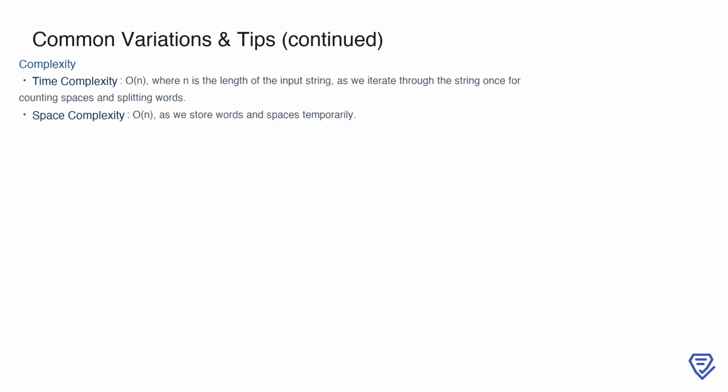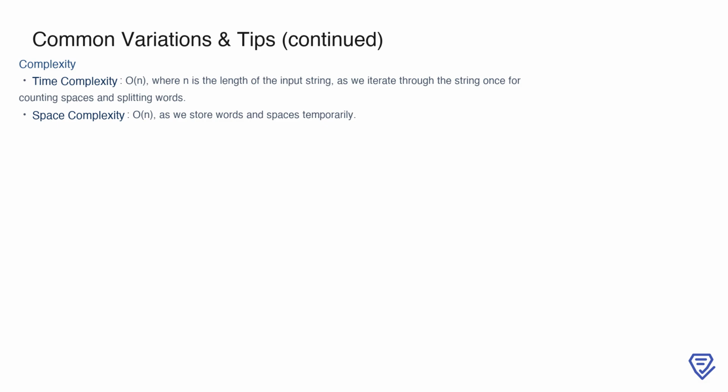Understanding the complexity of your solution is critical, especially when discussing it in interviews. For this problem, the time complexity is O(n), where n is the length of the input string. This is because you process the string linearly, counting spaces and splitting words in a single pass. The space complexity is also O(n), as you temporarily store the words and spaces extracted from the input before reassembling the output.